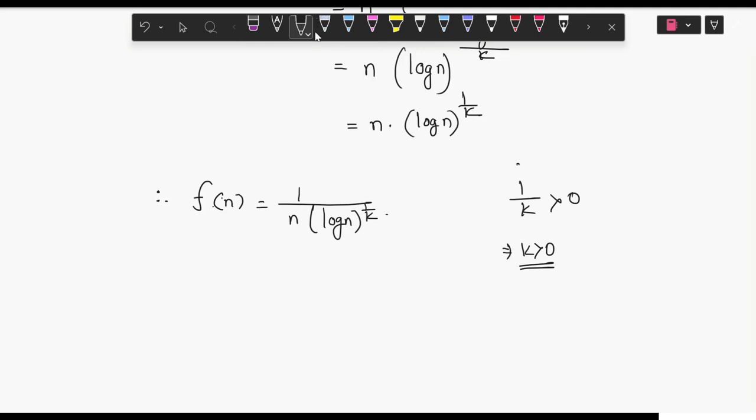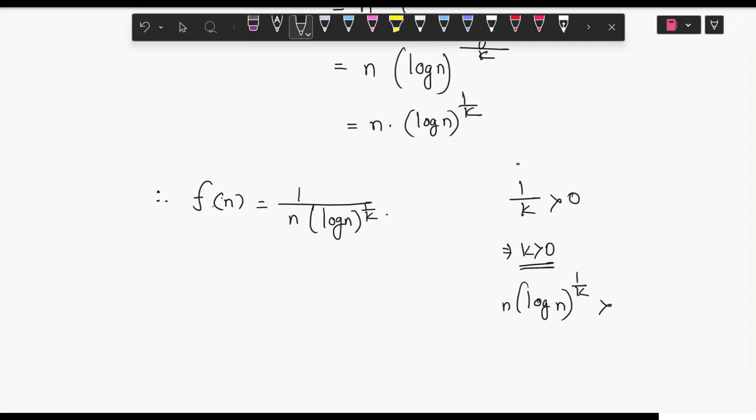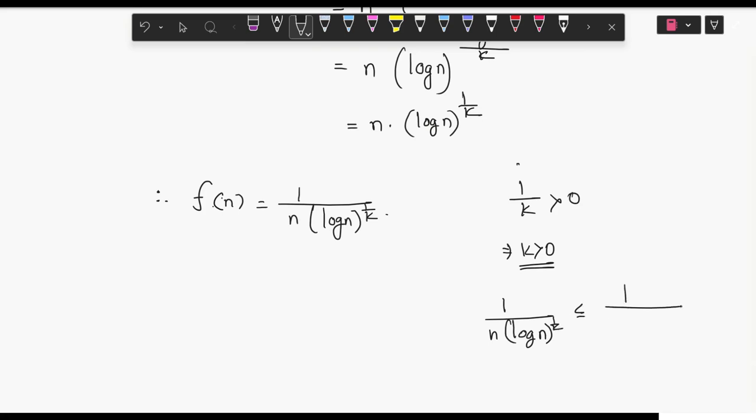Now when k is greater than 0, I can write 1 by n log n is whole to the power 1 by k is less than or equal to 1 by n plus 1 log of n plus 1 is whole to the power 1 by k.